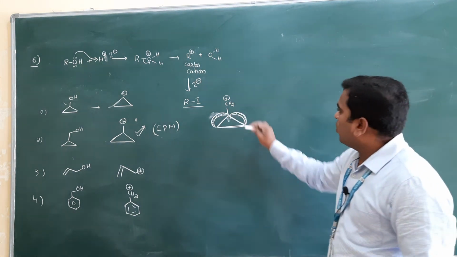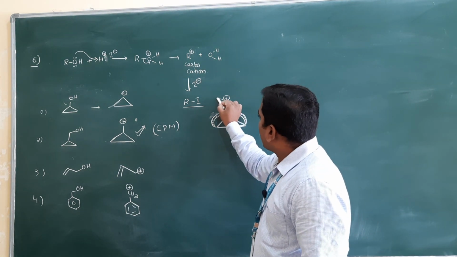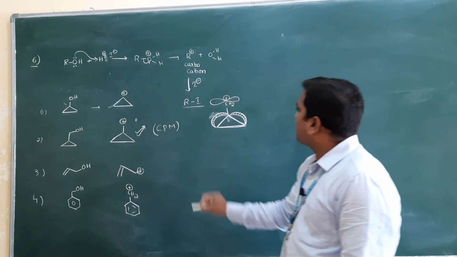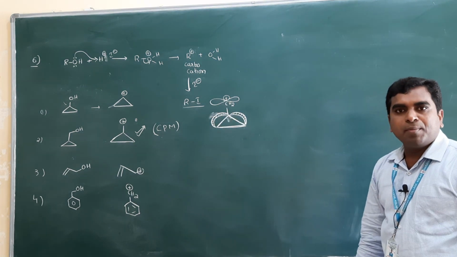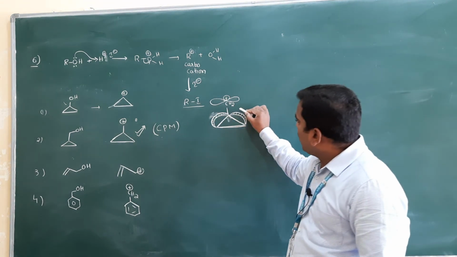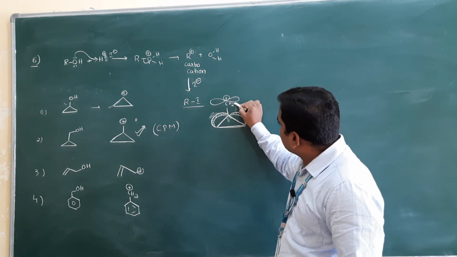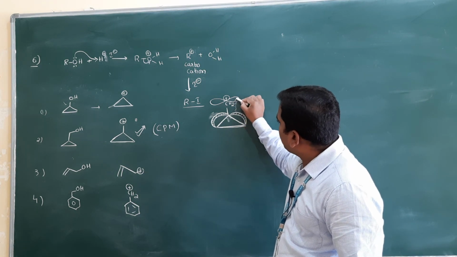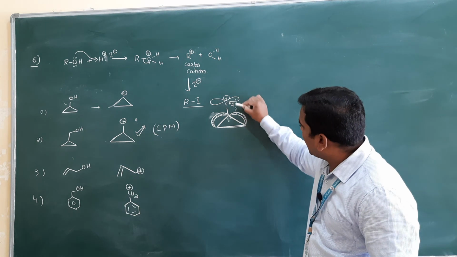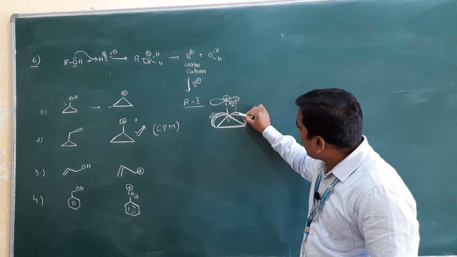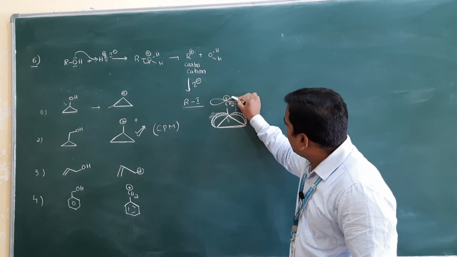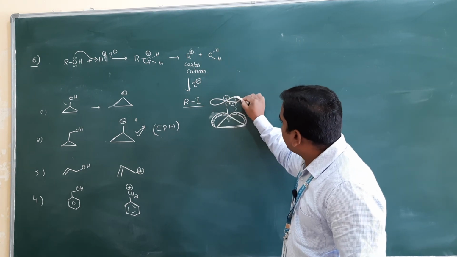Clear? Now it is a carbocation. Carbocation means one empty p orbital will be there. Now what happened? The sigma bond donates electrons to the empty p orbital, and overlapping will take place between the sigma bond electrons and the empty p orbital.